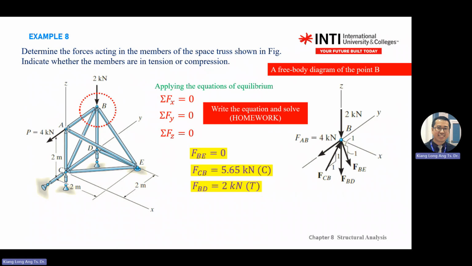This one is this direction. So you need to change this one. You need to rewrite this one. Positive 5.65 kilonewton. You need to rewrite something like this. Okay, rewrite, then draw back the diagram.